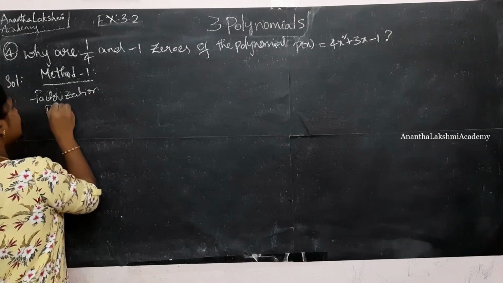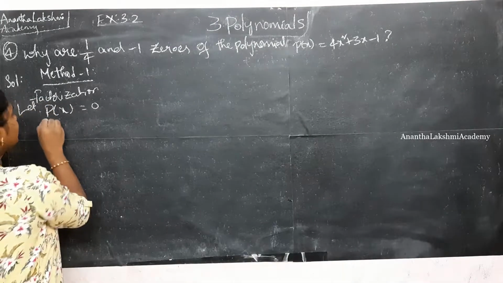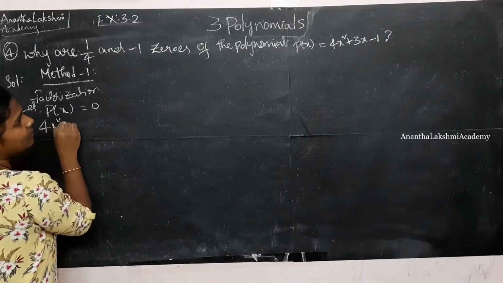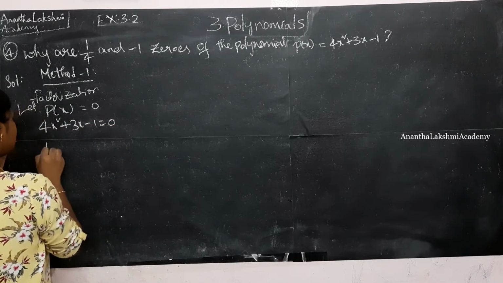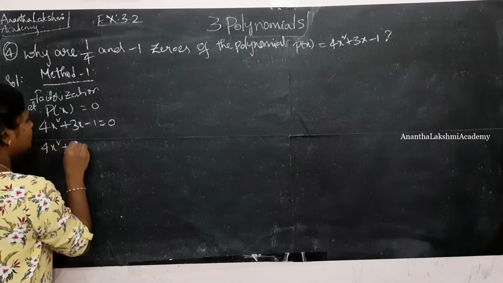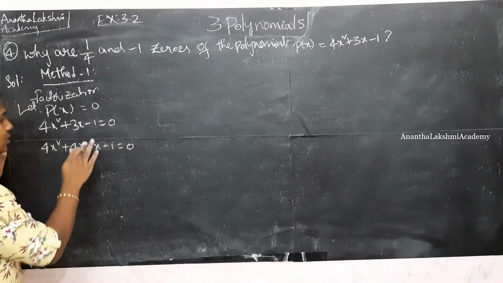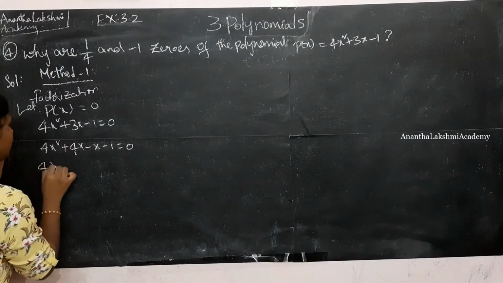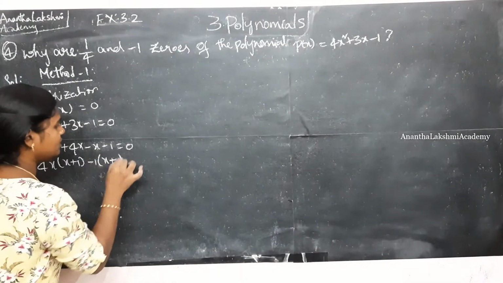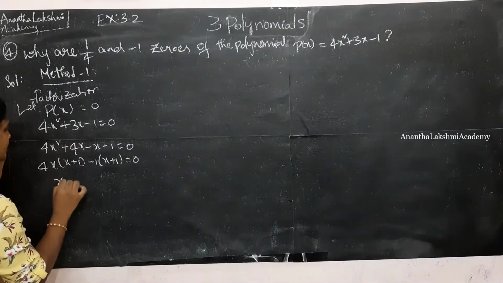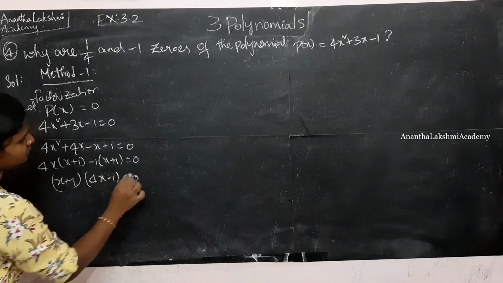That is, p of x is equal to 0. That is 4x square plus 3x minus 1 is equal to 0, which indicates 4x square plus, I am going to expand this as 4x minus x minus 1 is equal to 0. By taking 4x common, this is going to be x plus 1, and taking minus 1 common, this is going to be x plus 1. That is x plus 1 into 4x minus 1 is equal to 0.